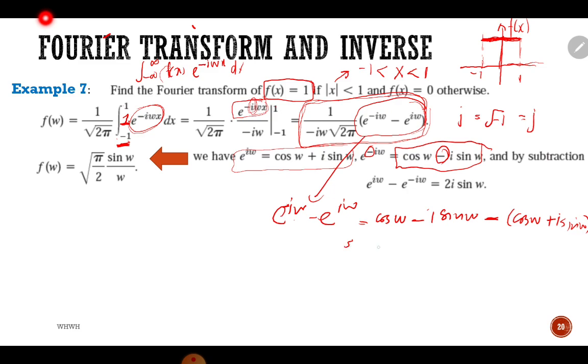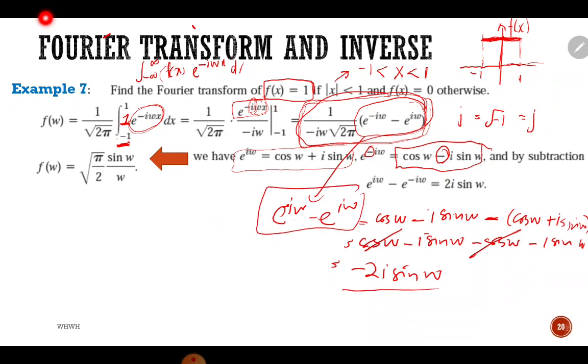So from here we have cos omega minus i sin omega minus cos omega minus i sin omega. So this one and this one cancel. We have negative 2i sin omega. So this is equal to negative 2i sin omega.